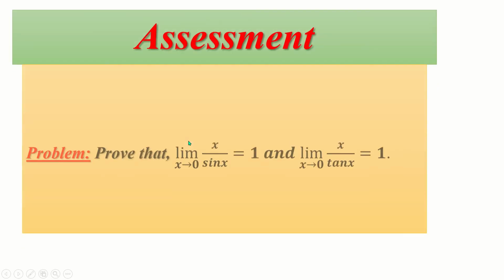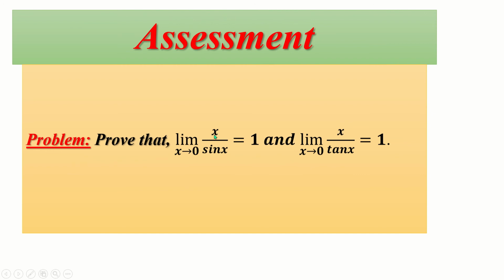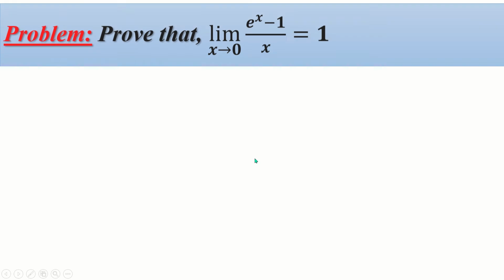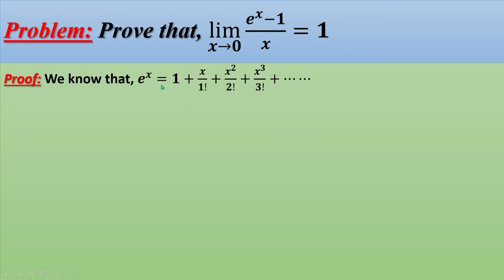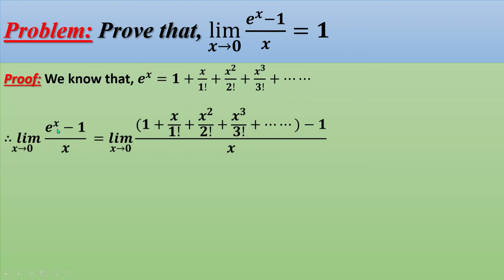Assessment. Prove that limit x tends to 0, x by sin x is equal to 1, and limit x tends to 0, x by tan x is equal to 1. Problem. Prove that limit x tends to 0, e to the power x minus 1 by x is equal to 1. We know e to the power x is equal to this. Now putting the value of e to the power x, the 1 and 1 cancel.